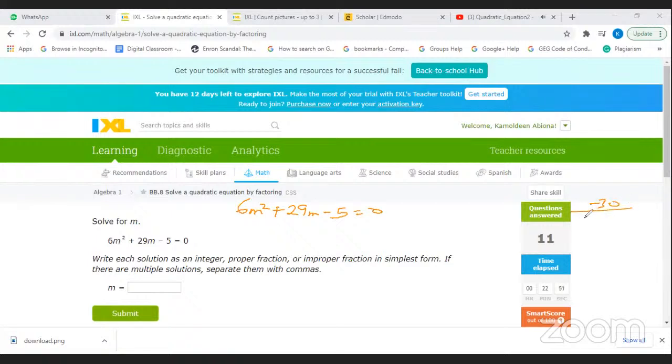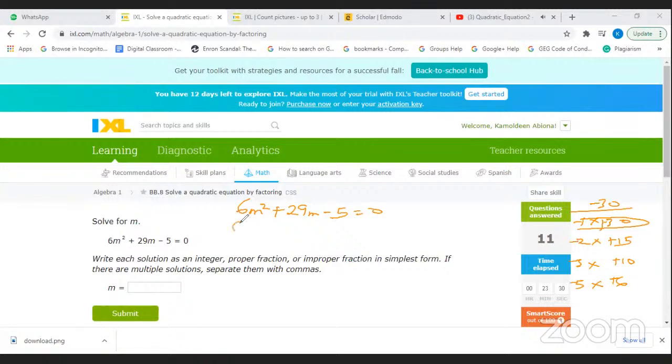So what are the factors? 1 times 30, 2 times 15, 3 times 10, 4 cannot go, 5 times 6. So which one add together to give us 29? Since this one is minus 30, it will be minus plus or plus minus. So in this case now, minus 1 plus 30 gives us plus 29. So this is the one that will suit.